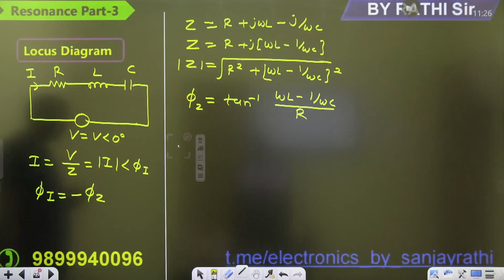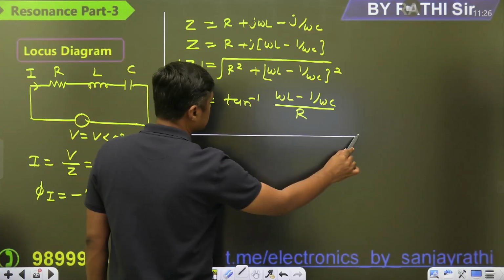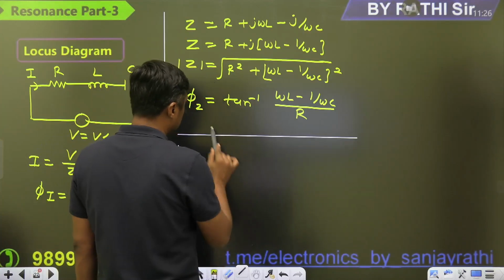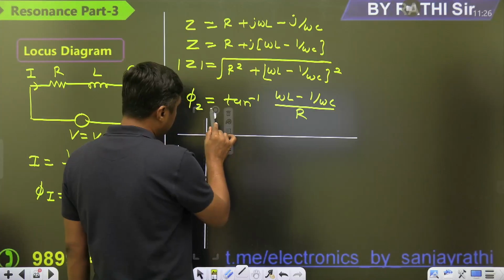We will plot it, but first of all, get the idea about what values are here. This is very, very important, but the value will remain the same. We are going to vary omega directly.